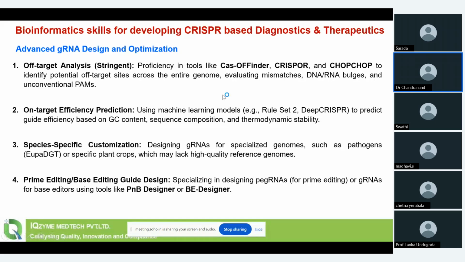These tools are already available as online tools. Those who are aware know how to use them. Those who are not, I shall share this presentation with the organizers, and you can take it from there and do hands-on practice on these tools.